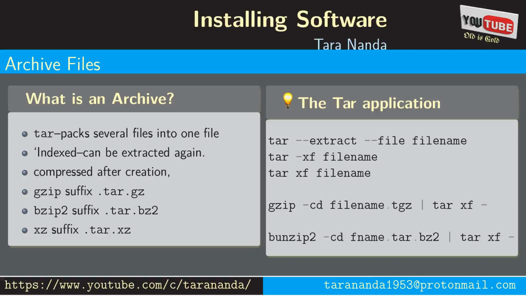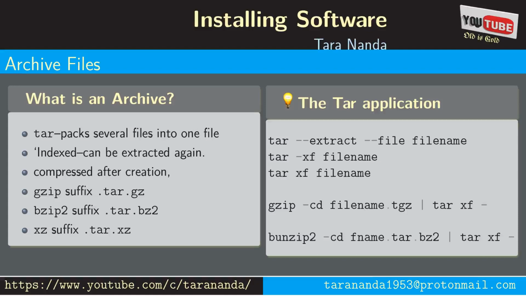TAR is a Unix utility. It's short for tape archive because historically data was backed up on tapes. It is the conventional format for file packaging but not compression in Unix-like environments.